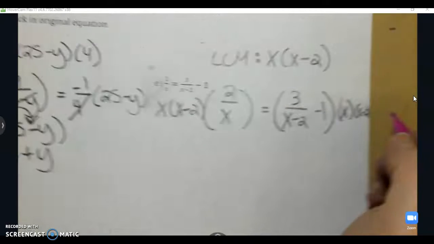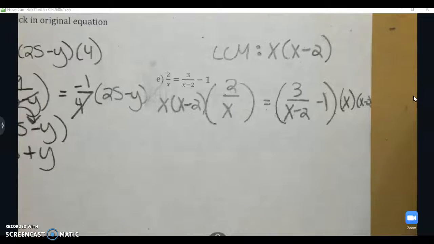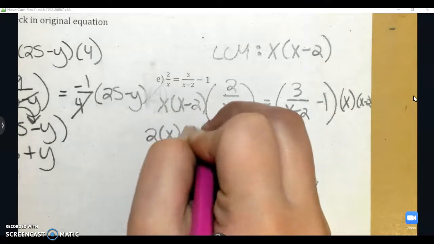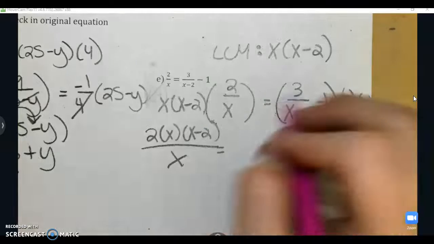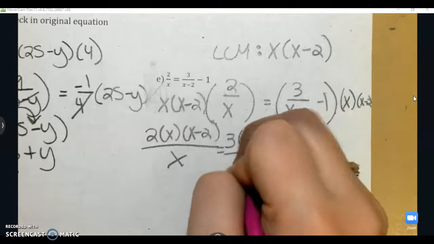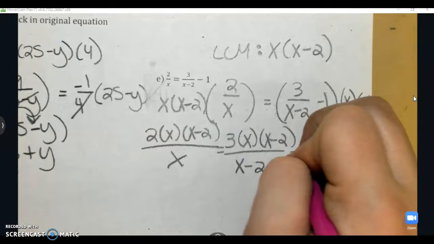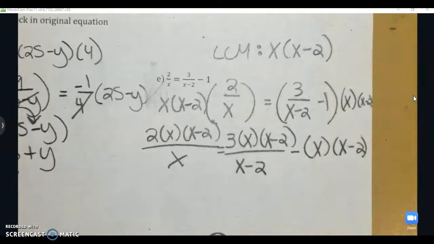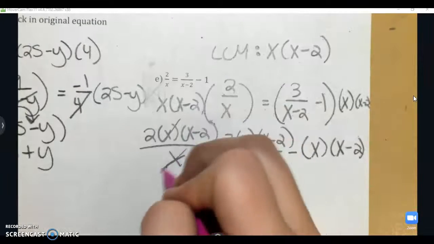I'm running out of room, I'm sorry. But okay, so we've got 2 times x minus 2 over x is equal to 3 times x minus 2 over x minus 2 minus x times x minus 2. So here I can cancel an x.